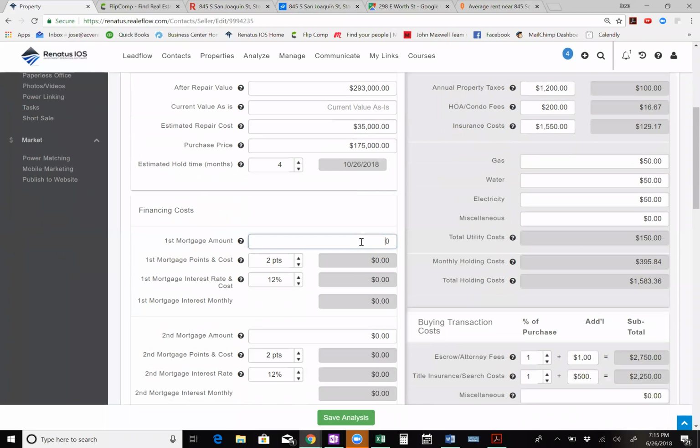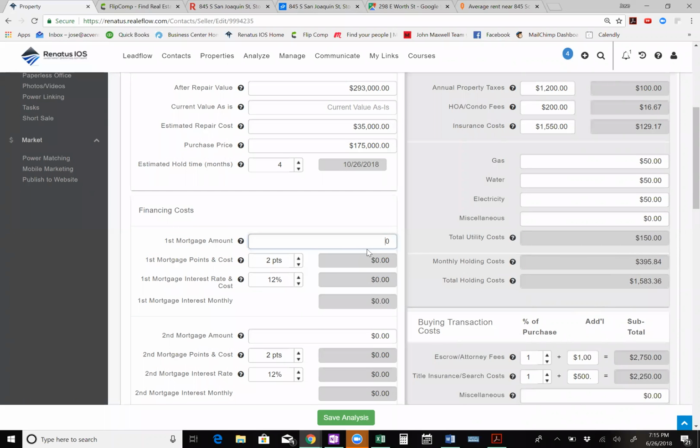Now we're going to finance how much? So if it's 175 plus 35,000 in repairs, how much are we going to finance? So what's 175 plus 35,000?